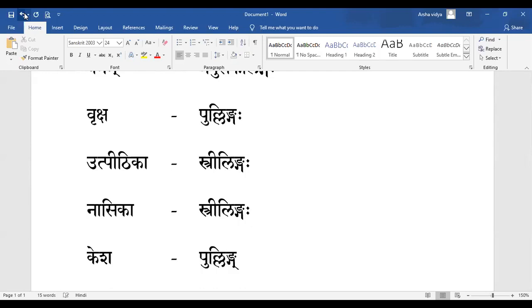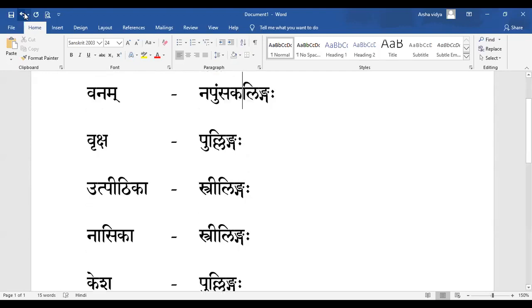So what do you understand from this? Let us use the word shabda. Now you know what shabda is. The shabdas of Saṃskṛtam have gender.